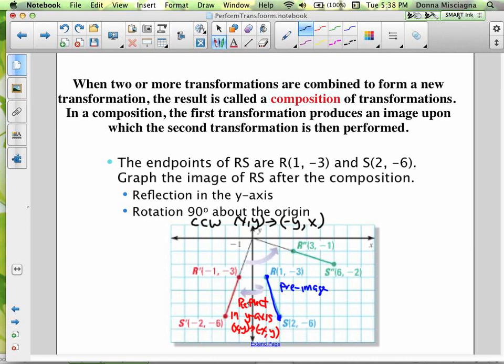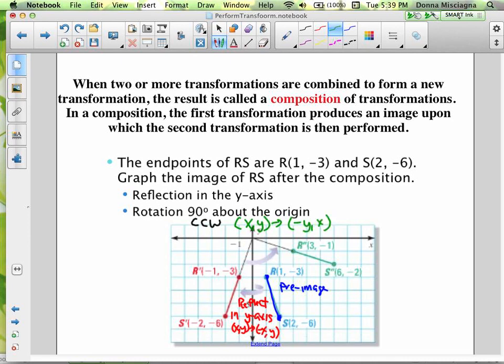If they'd both been positive, they still would switch, and the first one would change to the opposite sign. I'm going to write this in green so it matches the words. So (x, y) on that 90-degree rotation switched and became (-y, x).